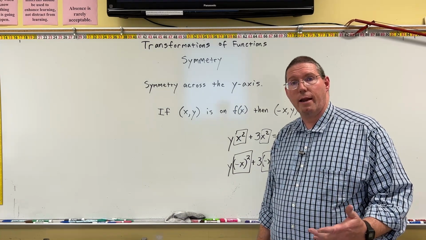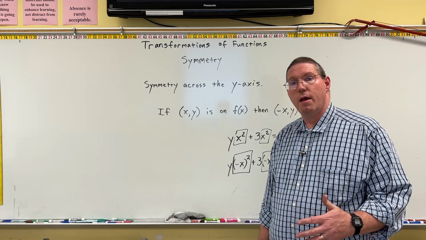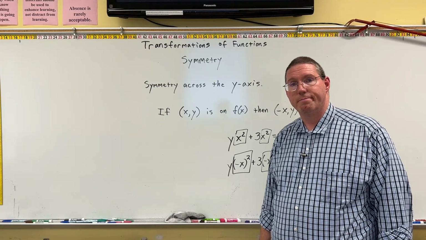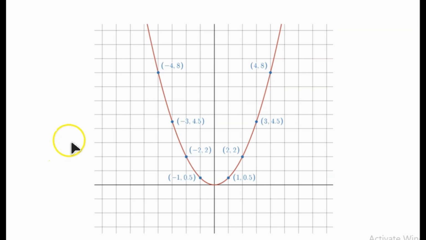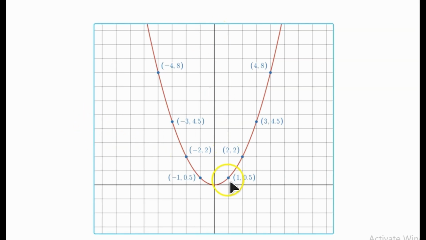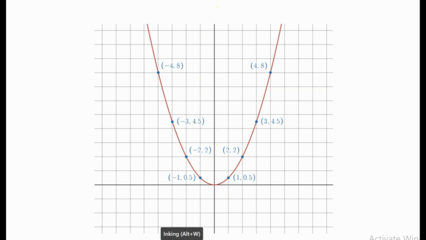And so what we're going to do now is switch over and look at a graph from Desmos, and look at it graphically. Okay, here's an example of a graph of a function that is symmetric about the y-axis. So here's our y-axis right here, okay?